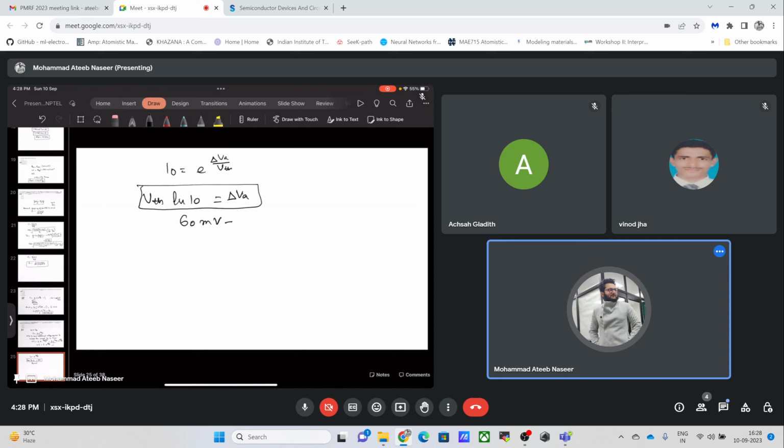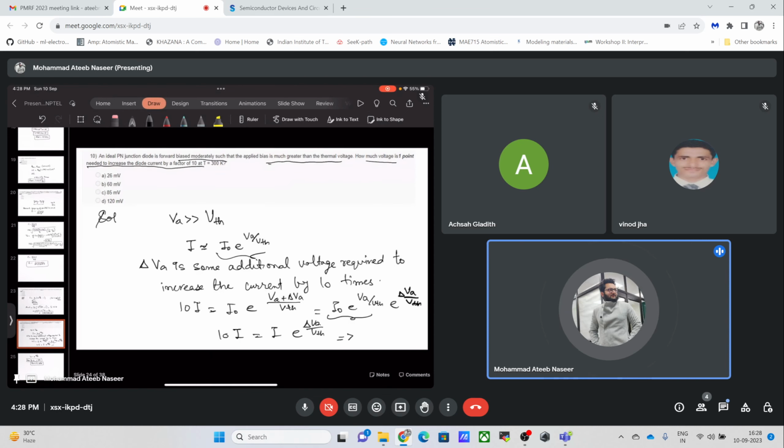Let us keep this in mind: whenever we are required to find the 1 decade change in current for a diode in forward bias, the applied bias voltage change required is approximately 60 millivolts.